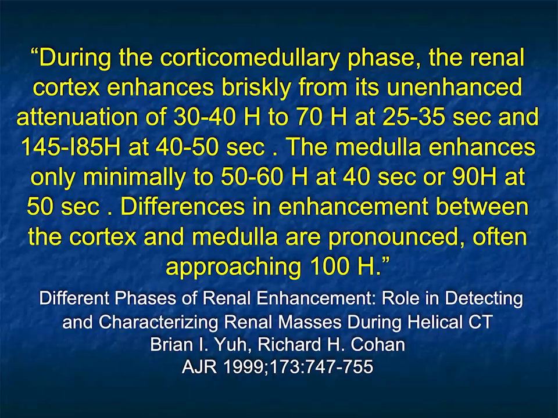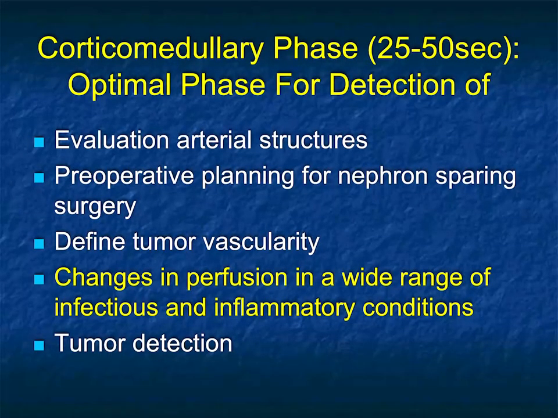So when we're in that range of 30 to 60 seconds, we're going to see a difference in enhancement between cortex and medulla. And this differentiation typically peaks at about 100 Hounsfield units, but it's really going to help me in making very specific diagnoses.